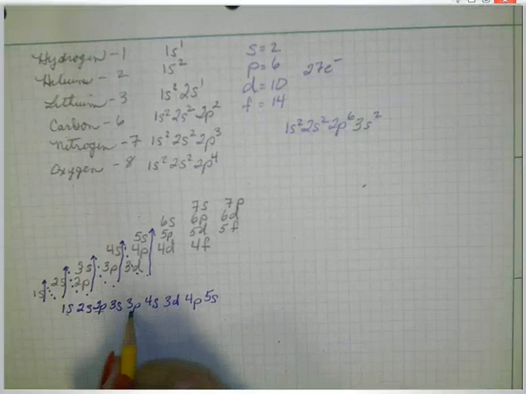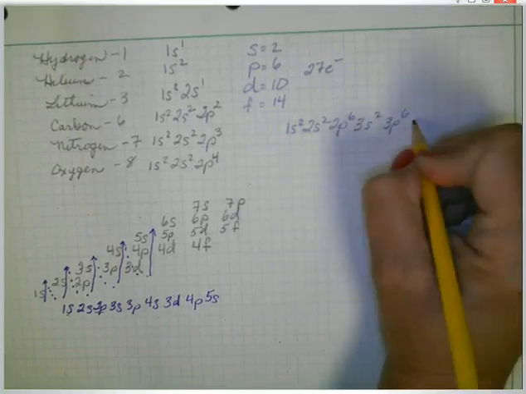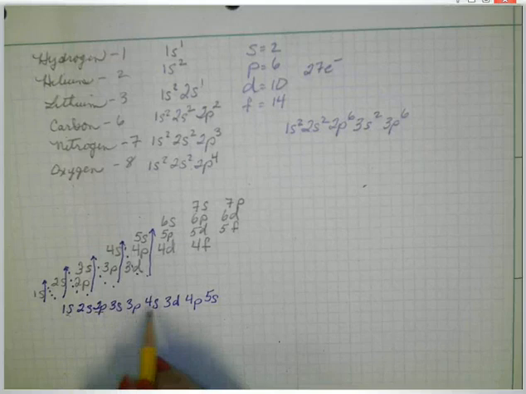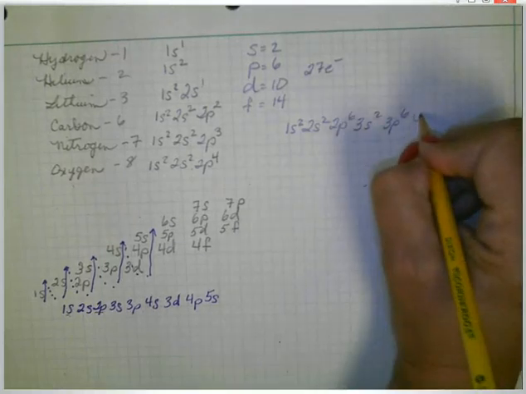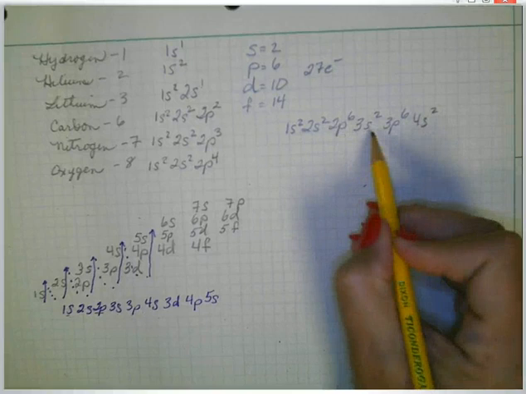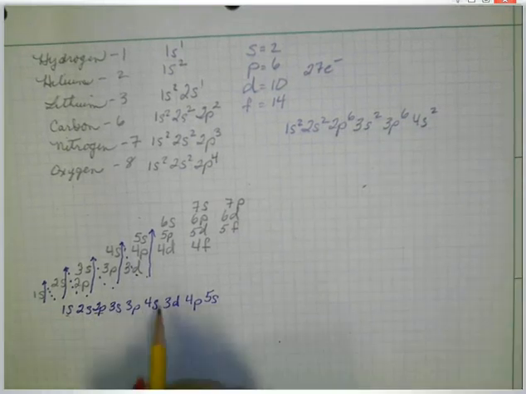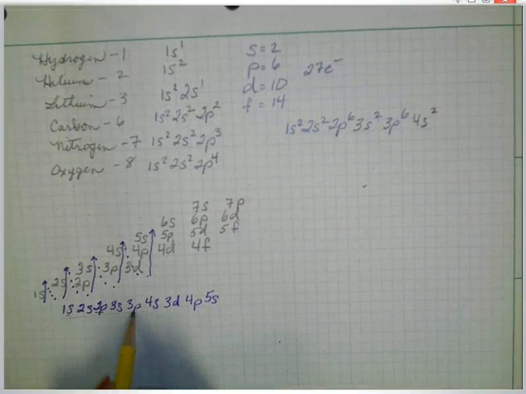So after 3s is 3p, 6, and then after 3p is 4s, and let's see how many we have now. This is still 10, and this is 10 more, so that's 20. I have 7 more to go, and I've gone from here to here.